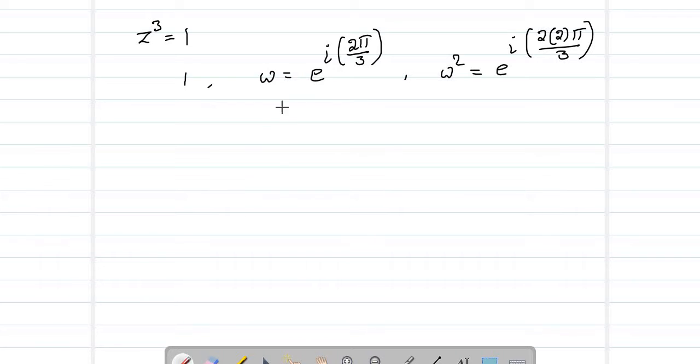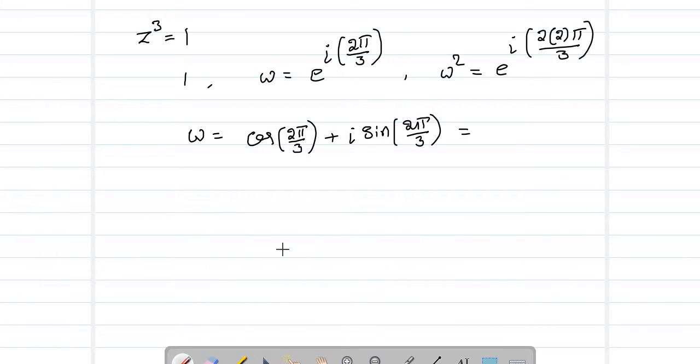Now let us see. Omega is nothing but, now we know how to express this Euler form into polar form. So this is cos of 2 pi by 3 plus i sine 2 pi by 3. But you know what cos of 2 pi by 3 is? That is cos of pi minus pi by 3. Pi minus means you are in the second quadrant.